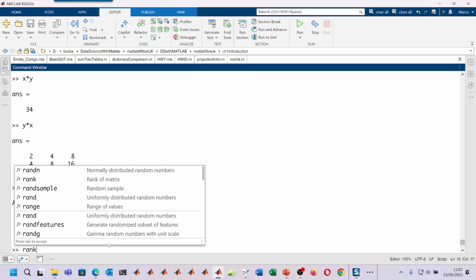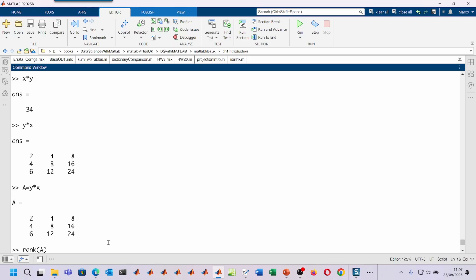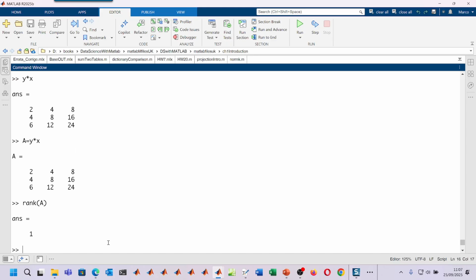So the rank of this matrix is 1, because you see that the second column can be obtained multiplying the first column by a constant. The third column can be obtained by the first column multiplied by a constant. Similarly for the rows. So the rank is 1.